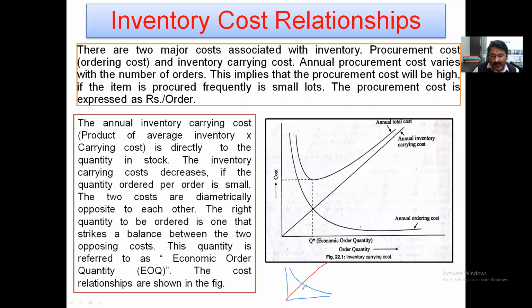The annual ordering cost decreases with increasing order quantity, and the annual inventory carrying cost increases with increasing order quantity. The right quantity to order is what is called the EOQ.